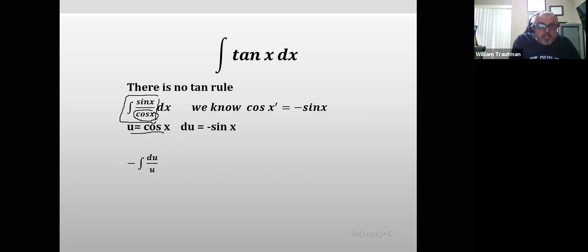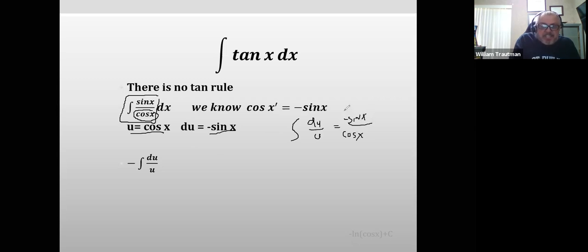The derivative of the cosine of x is negative sine x. So our u is the cosine of x, but du is the negative sine of x.